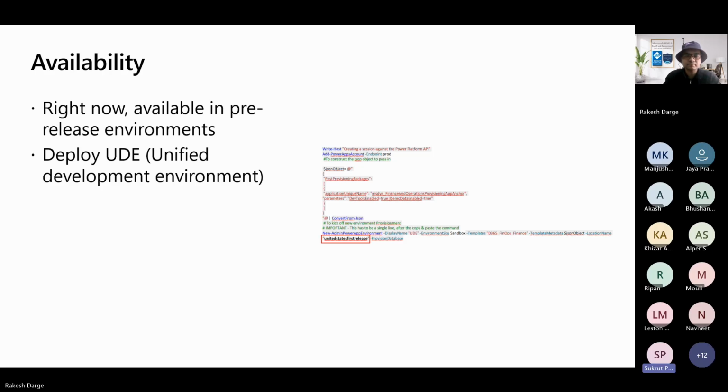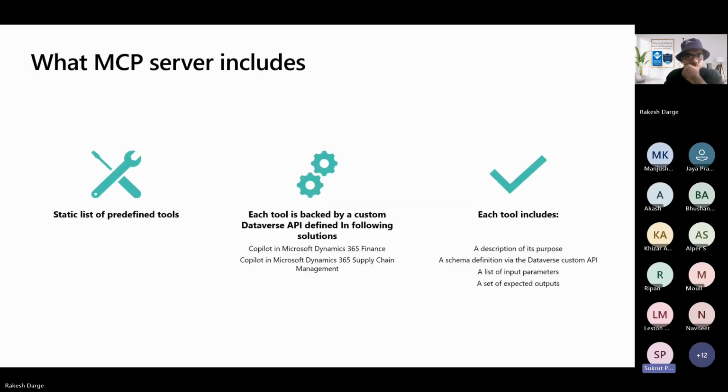If you select that environment in Copilot Studio to create your agents, you should be able to see MCP servers in your tools, and we will see that in the demo now. Okay, so I'll share my screen, and before going to the demo, a few things, right?